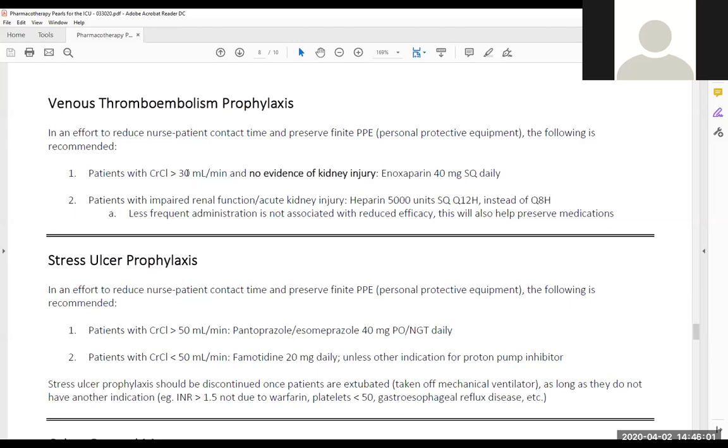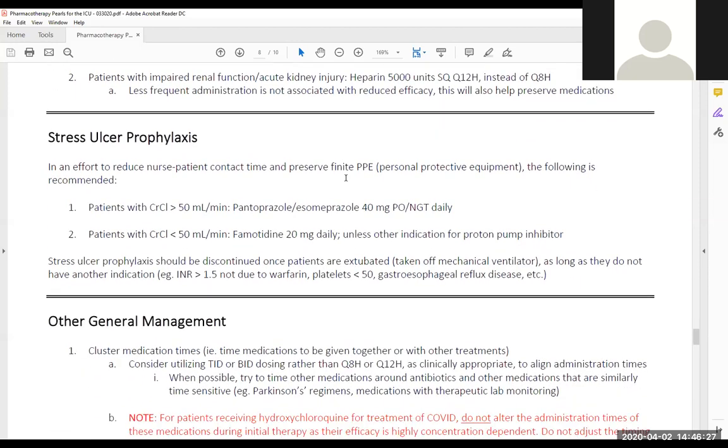We also want to try and limit the amount of nurse and provider contact time as much as possible to preserve PPE. So what we've been recommending for patients with normal renal function is the use of Lovenox once daily. But for those that have impaired renal function, and we'll go over a few cases what that might look like, heparin 5000 Q12 instead of Q8 is also a good recommendation to make sure is on board as well.